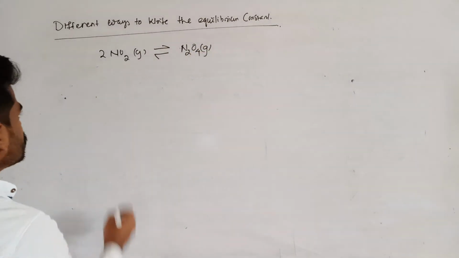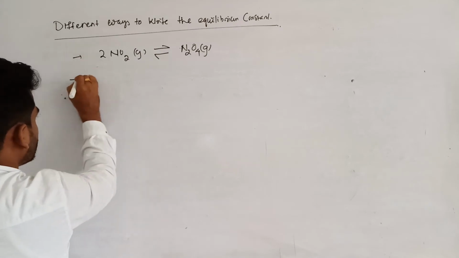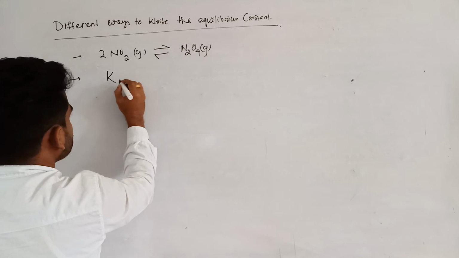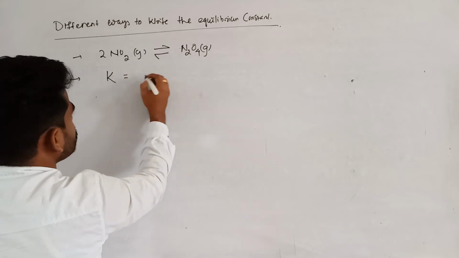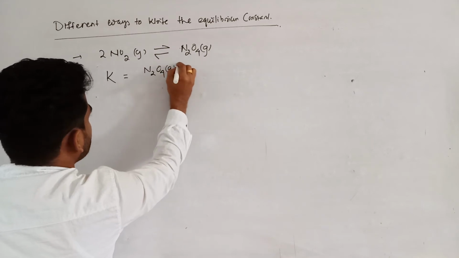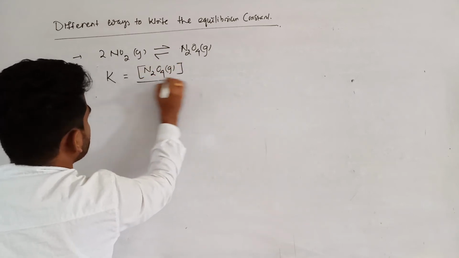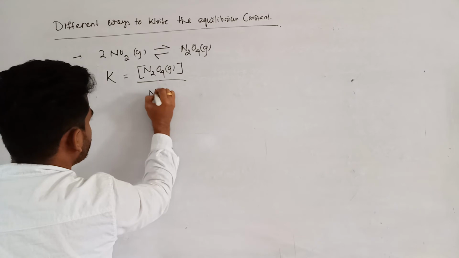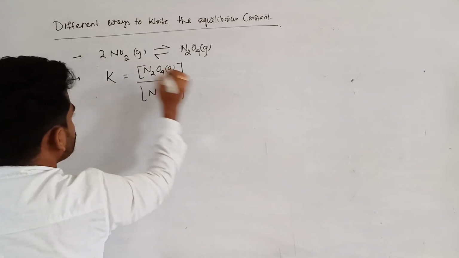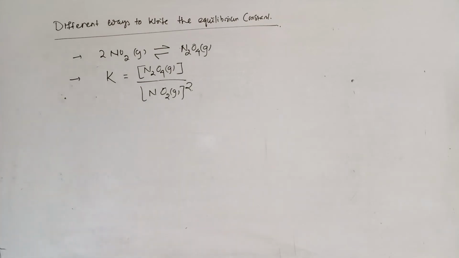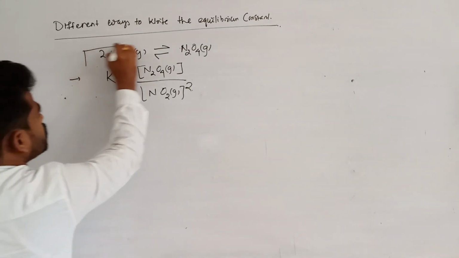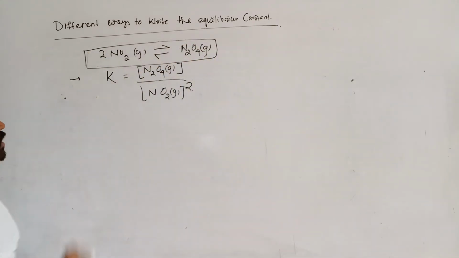So just write down the value of the equilibrium constant for this. K is equal to the concentration of the product N2O4 upon the concentration of the reactant NO2 to the power of its stoichiometric coefficient 2. This is the general thing.